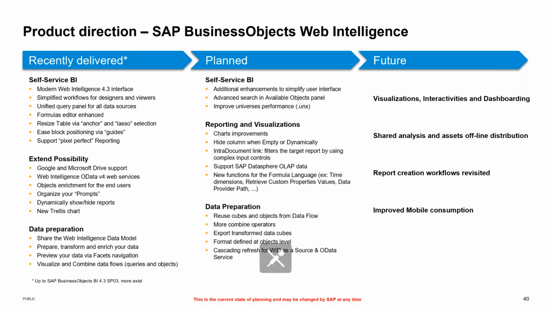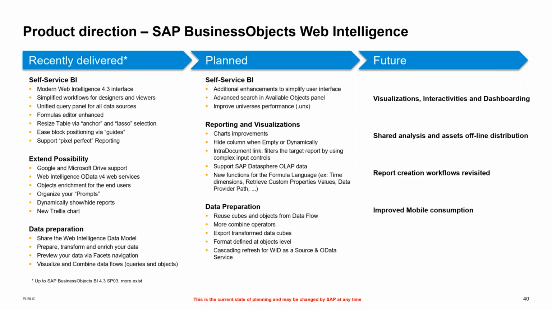So just taking on from this slide for Web Intelligence, things that have recently been delivered you can see there on the side. The interface has been modernified. I don't know if that is even a verb, I've just made it up. Being able to resize tables via anchor and lasso selection.